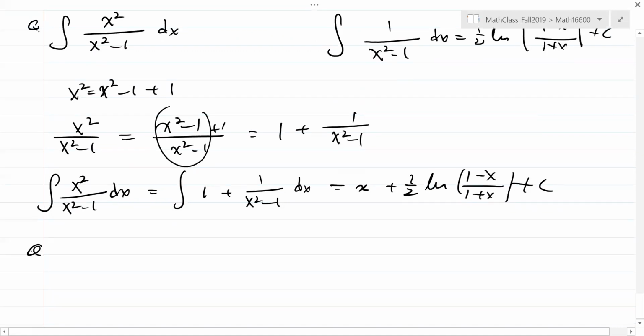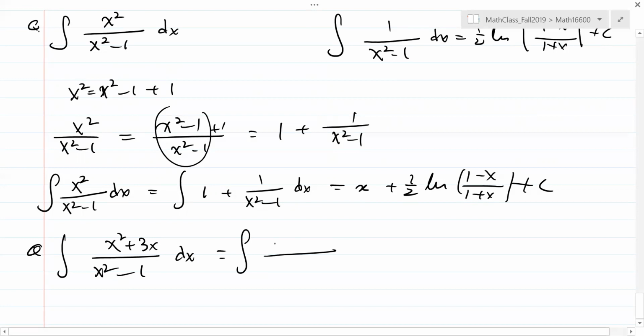But then you say, oh, because just x squared on the top, how about x squared plus 3x? In that case, you can also quickly decompose. You can quickly express it in the form of the integral of x squared over x squared minus 1 dx plus the integral of 3x over x squared minus 1 dx. The second part uses substitution.